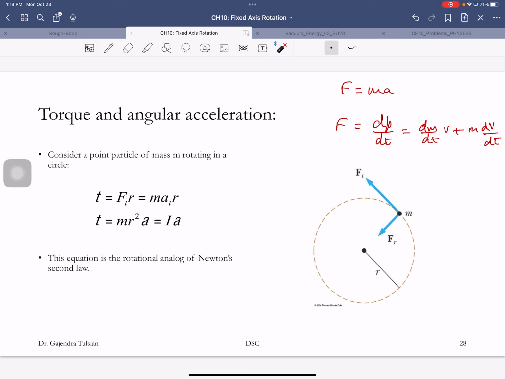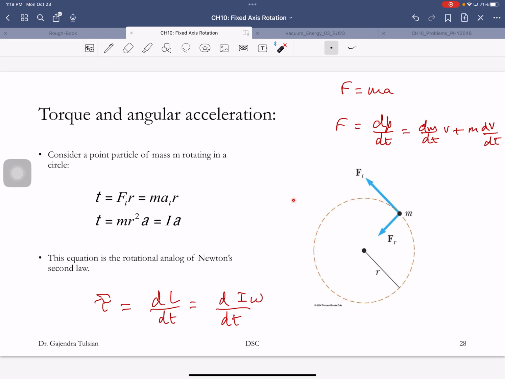So similarly, the parallel of this for rotational motion: forces give linear acceleration, torques give angular acceleration. So here's the general formula. Torque is dL by dt, and L, which I will introduce next chapter, is angular momentum, just like linear momentum.